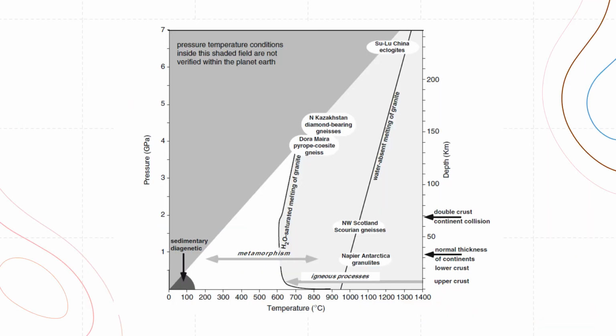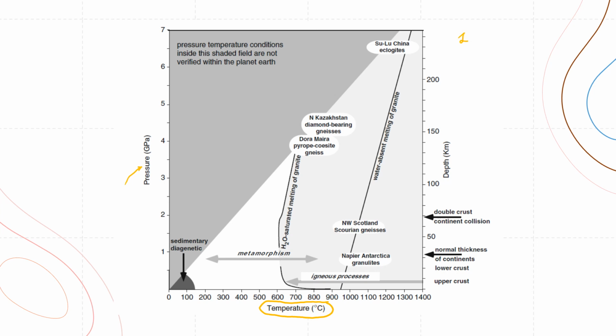Okay, so here we have a graphical representation of those higher and lower limits of temperature in metamorphism. Don't worry about the pressure axes just yet, so let's just focus on this bottom here. So temperature.